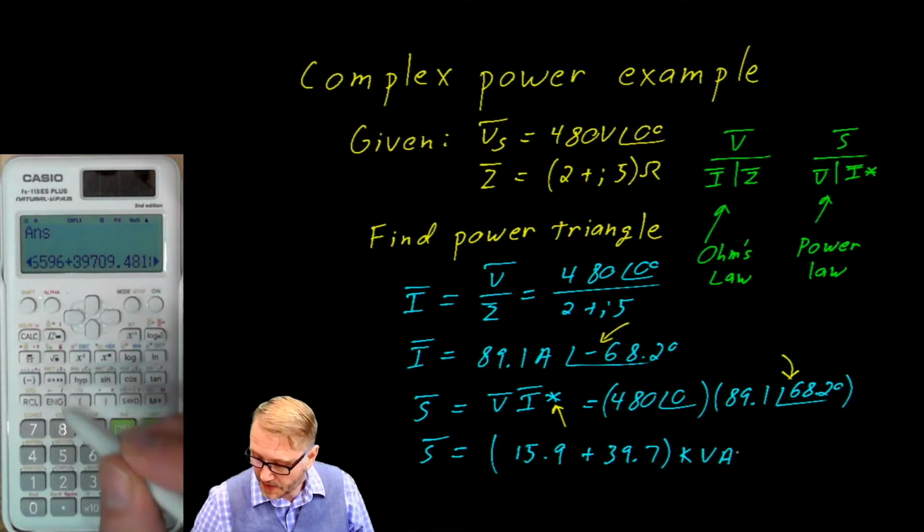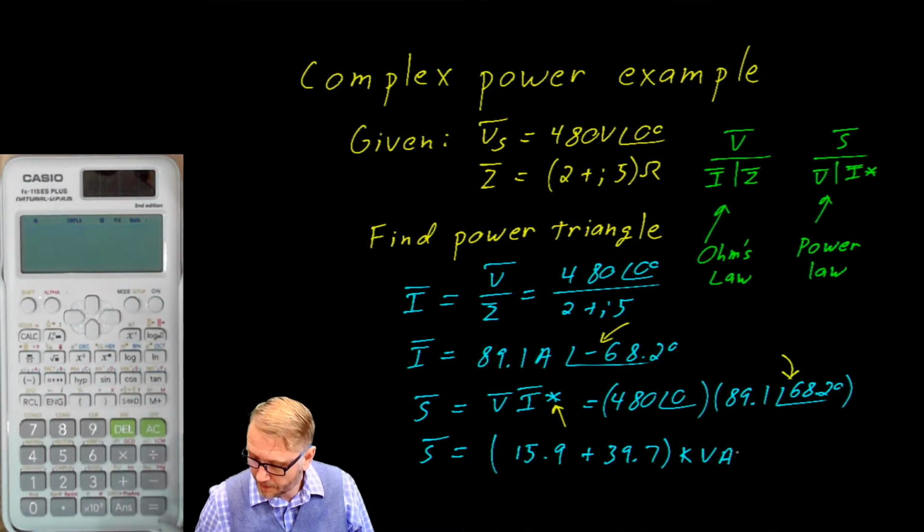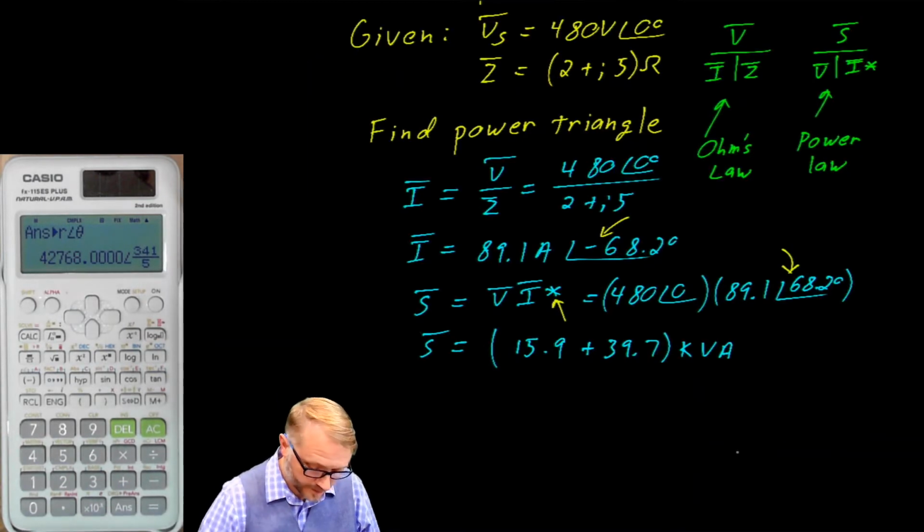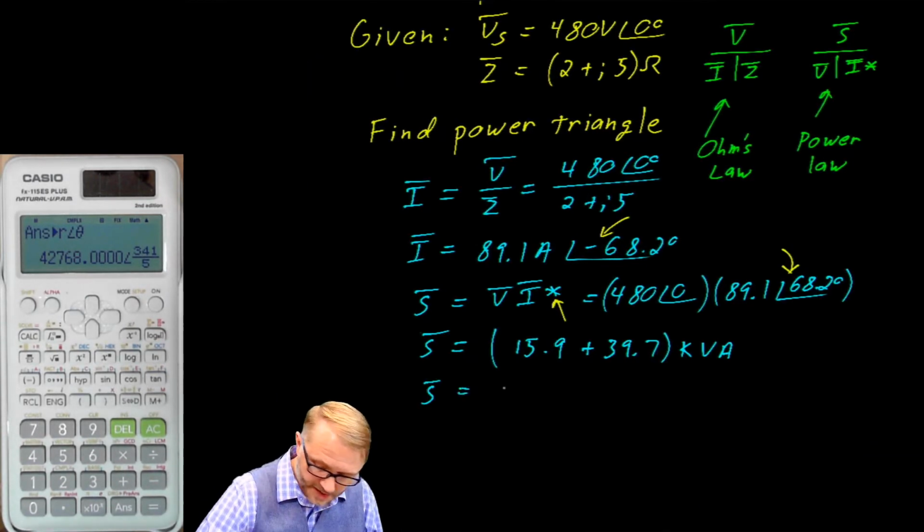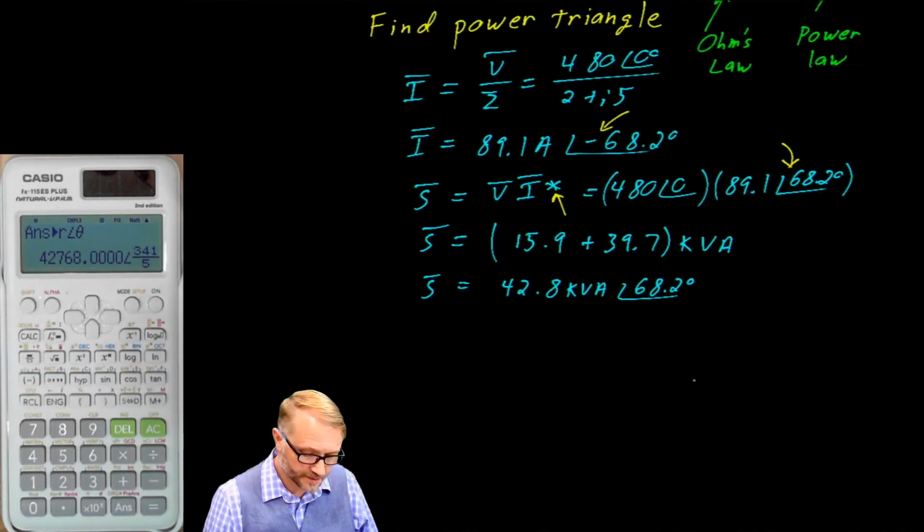We could also put this into polar form. So complex power is equal to 42.8 kVA at a phase angle of 68.2 degrees.